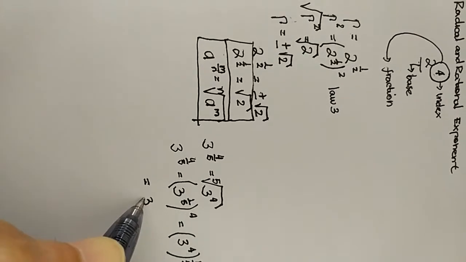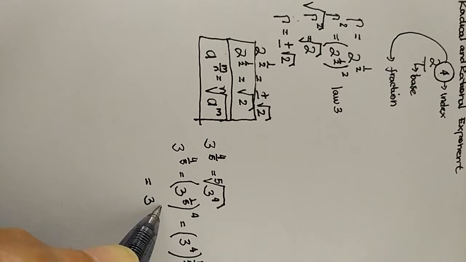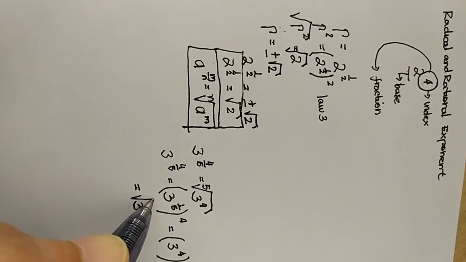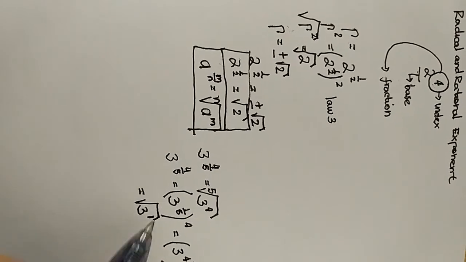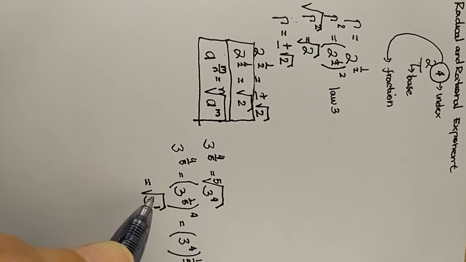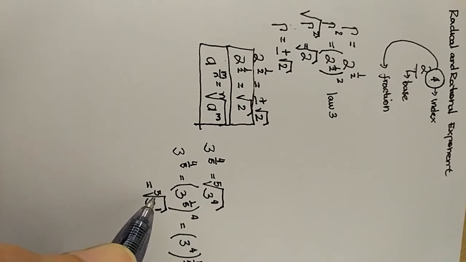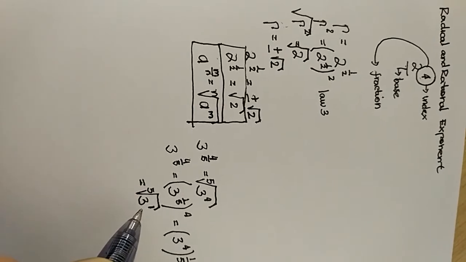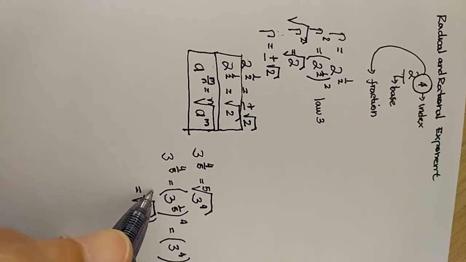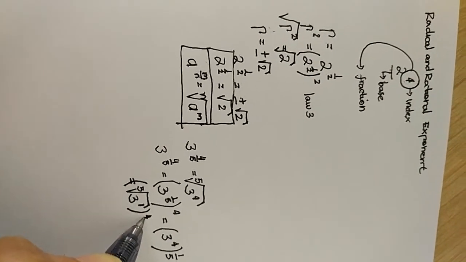Write the base, the numerator of the fraction becomes the index of the base, then you draw the radical sign and write 5 here. So it will be the 5th root of 3. Then you put it into a bracket and power it to 4.